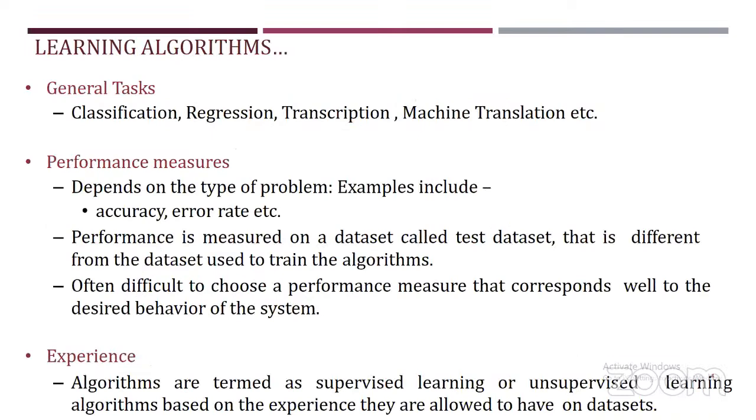So first, coming to the general task, what could be your task? The task could be related to classification, regression, grouping of objects, translation, or some disease identification. So these are different kinds of tasks. For these tasks, we need to prepare the model.